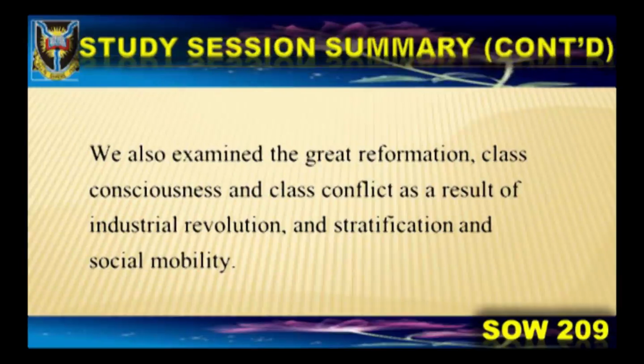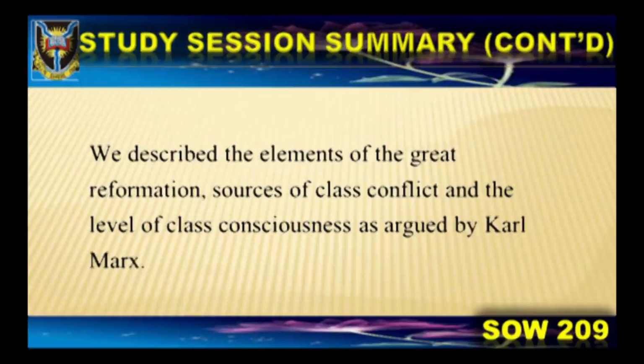We also examined the great transformation, class consciousness, and class conflict as a result of the Industrial Revolution and stratification and social mobility. We described the elements of the Great Transformation, sources of class conflict, and the level of class consciousness as argued by Karl Marx.